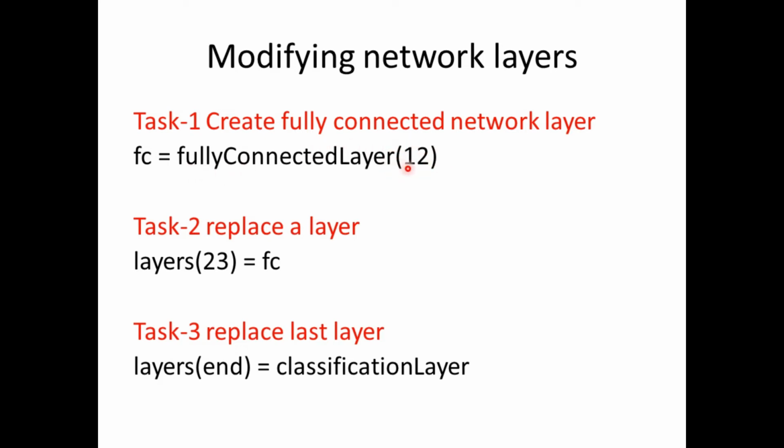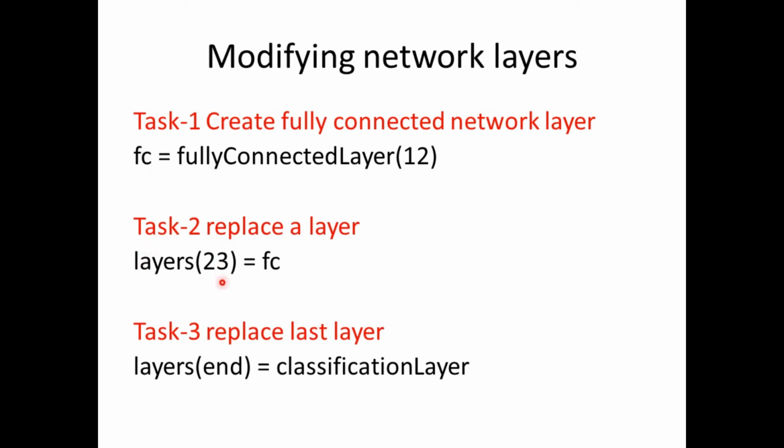Whatever number we mention here, a fully connected layer with that many neurons will be developed automatically. So FC is a fully connected layer with 12 neurons. This layer I will replace with the existing AlexNet 23rd layer in the next task. If I have 25 layers, out of which I am choosing the 23rd layer, you can choose any layer if you want to see the difference. So I choose the 23rd layer.